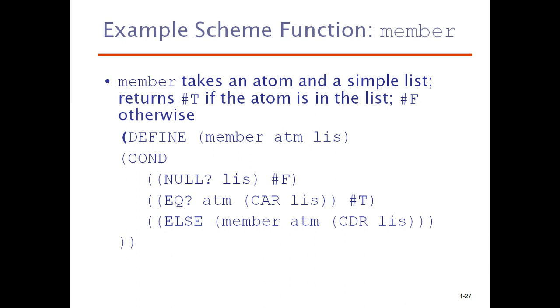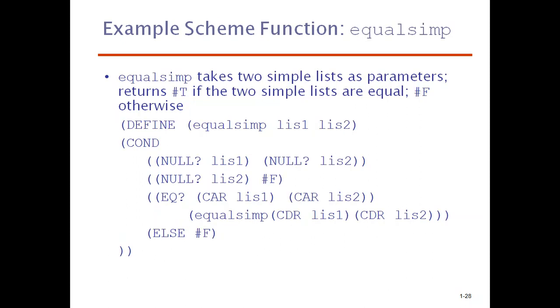In the previous program we saw whether a given atom is in the list or not. Now we will see another function where two lists are supplied, and we are going to check whether both lists are equal or not. So equal simple function takes two simple lists as parameters, returns true if the two simple lists are equal, otherwise it returns false.